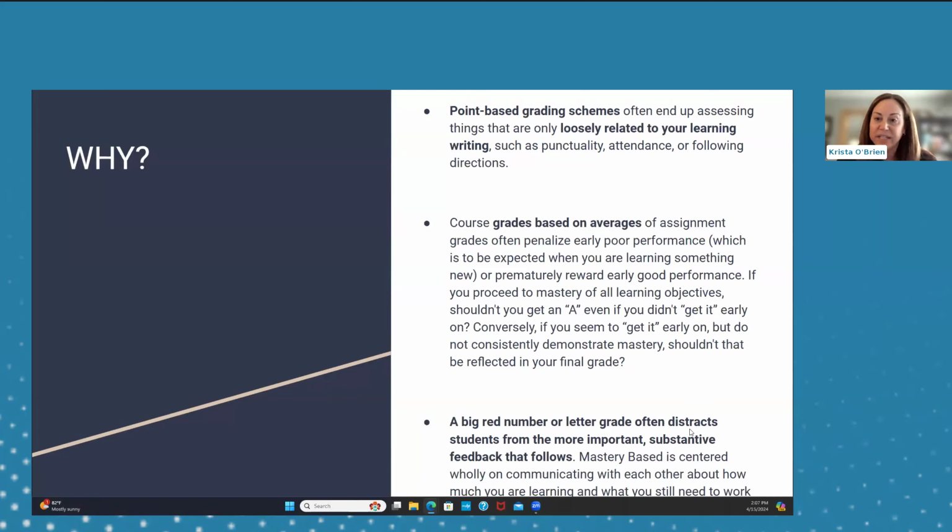If they see a lot of red marks or any kind of marks all over their paper, they get discouraged. Many students would look at their grade, crumple up their paper, throw it away, right? They didn't even want to see anything else about it. Even if I said we could revise it, they didn't care, right? It felt like they don't know what they're doing. They don't understand it. They're never going to get it. And they want to be done with it.